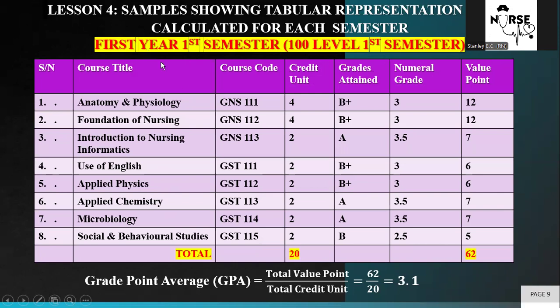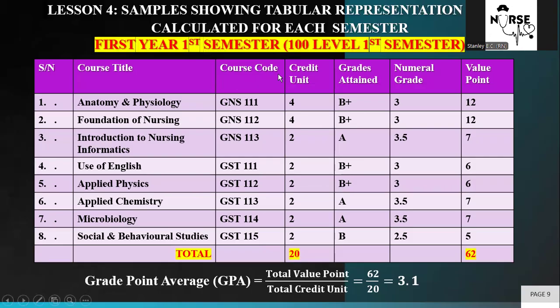This student is doing 8 courses: anatomy, foundation of nursing, introduction to nursing informatics, use of English, applied physics, applied chemistry, microbiology, social and behavioral studies. Depending on what you are doing for the semester, you can also present yours in a tabular form like this.